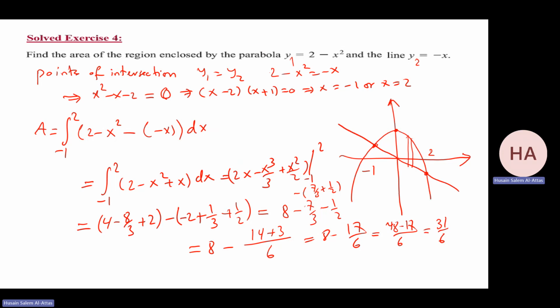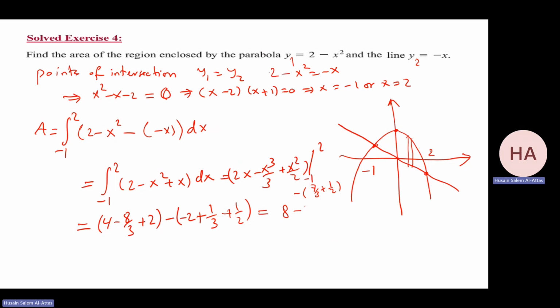4 plus 2 minus 8/3 minus 2 plus 1/3 plus 1. Okay, this calculation is correct. So I have 4 plus 2, 6 plus 2, that is 8. And they have minus 8/3. Sorry. Be careful sometimes with these fraction things.